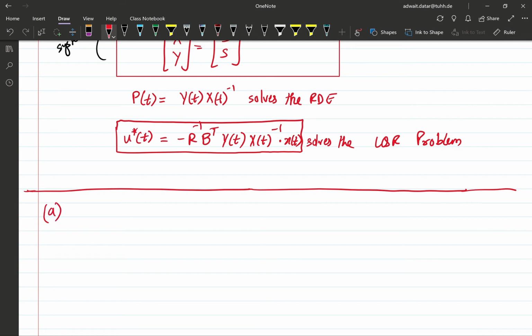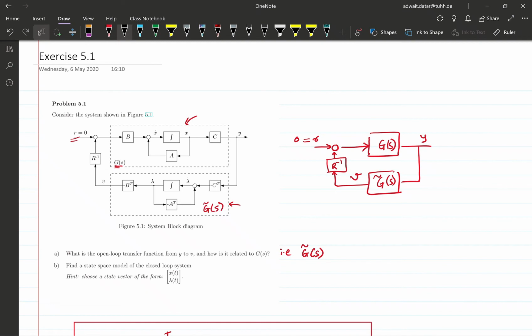which is to find the open loop transfer function from y to v, that is what we called G tilde of S, this block. Now we just take a snapshot of this.